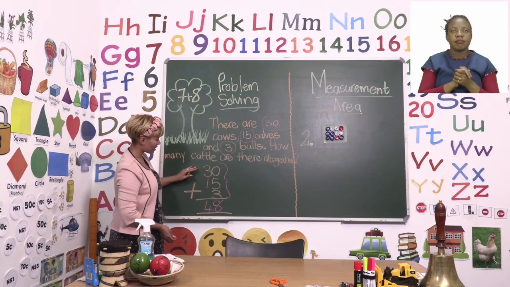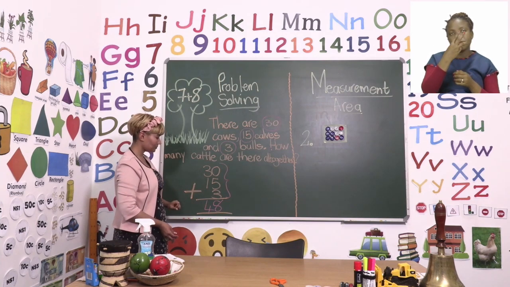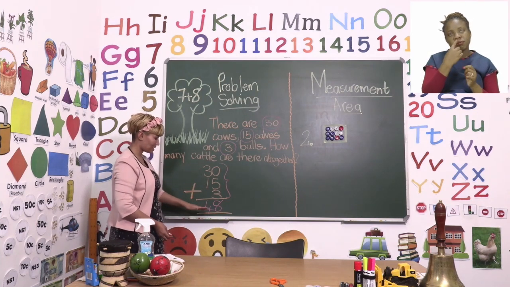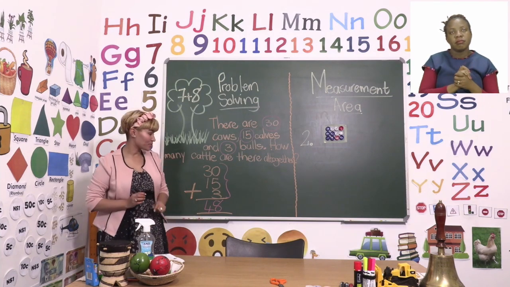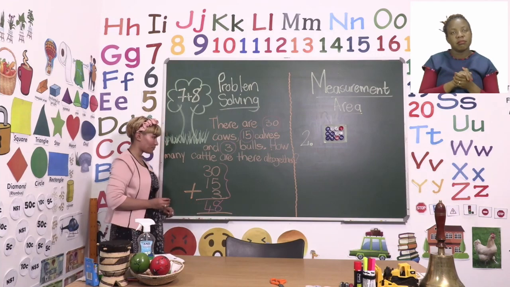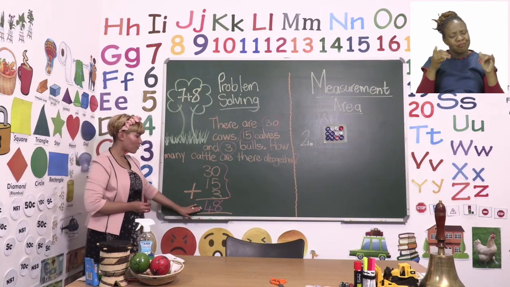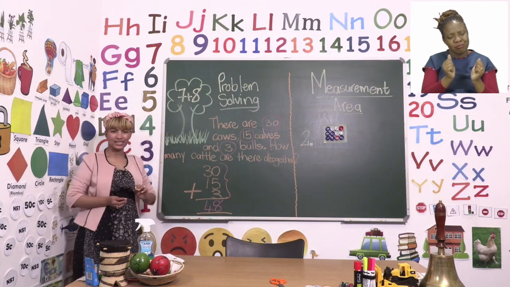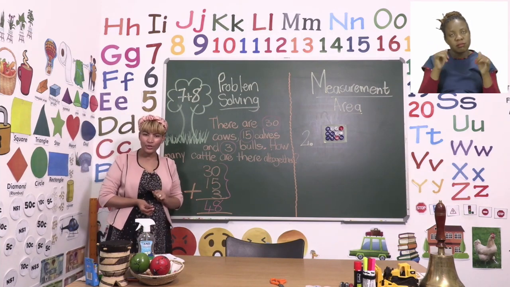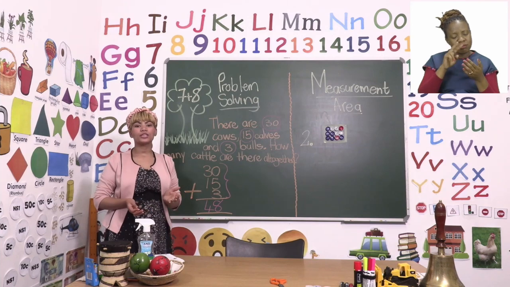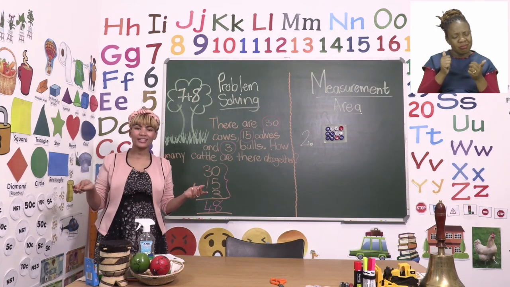Then we say 3 plus 1. 3 plus 1 is equal to 4. And that now means, everyone, that all together we have 48 cattle.